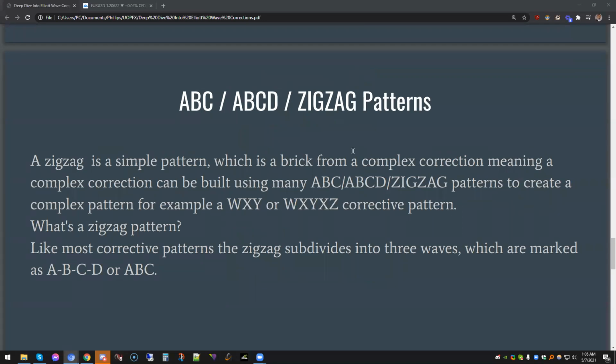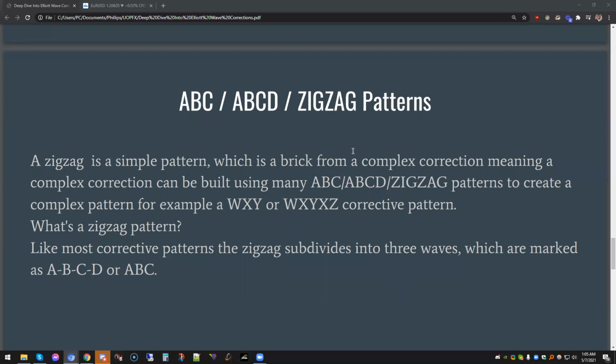These simple patterns basically make up complex corrective formations, right? So these zigzag patterns are basically a brick from a complex corrective pattern.